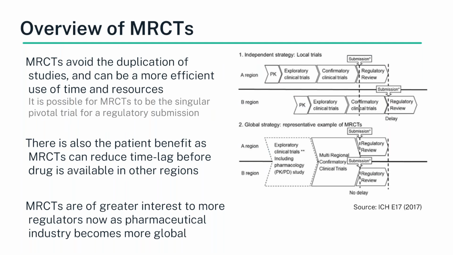And so an appropriate multi-regional clinical trial will be able to reduce the timeline required for a trial like this, or also include regions that may not have otherwise been included in that particular scenario.